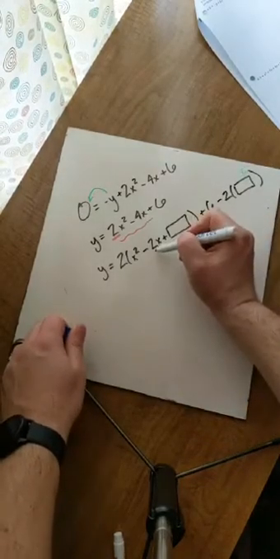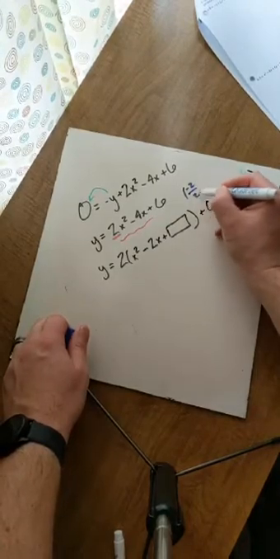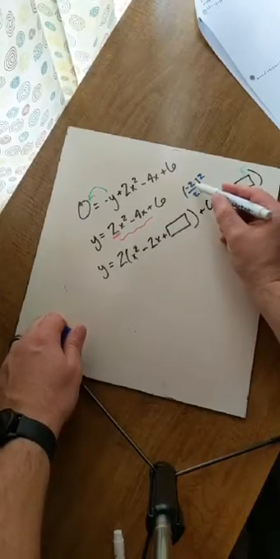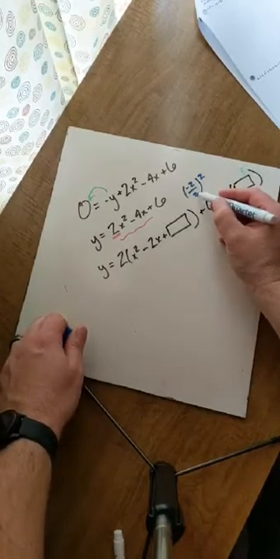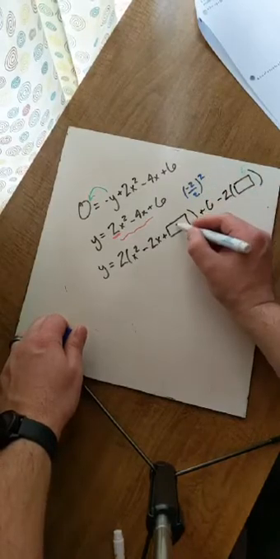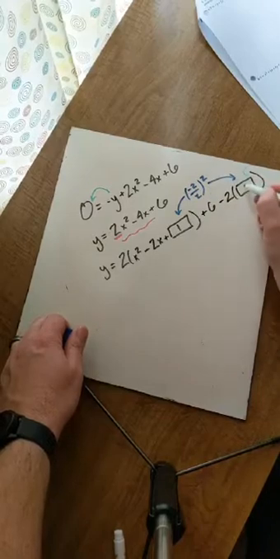In this case, it's -2 divided by 2. So the middle number is always divided by 2 and then squared. -2 divided by 2 is -1. -1 squared is +1. So that number goes there. It also goes in over here.